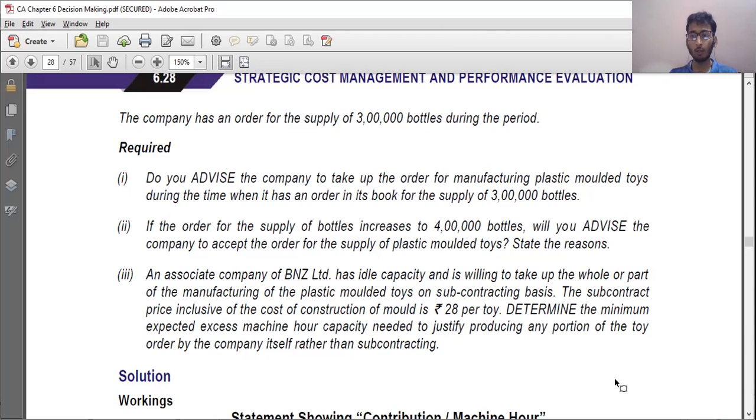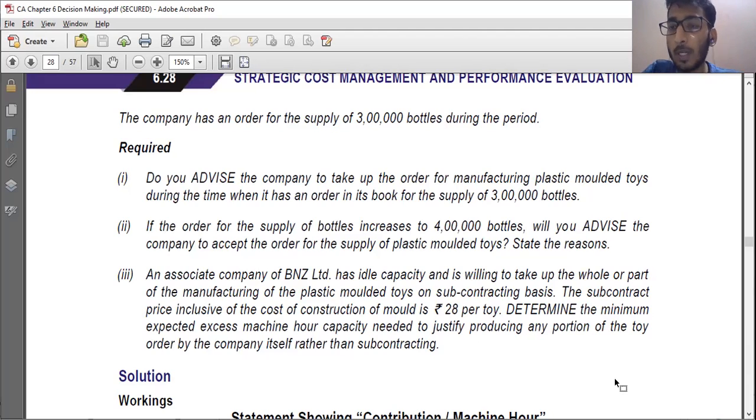I'm getting 30 rupees from the person, because 30 rupees is the selling price, and I need to pay 28 rupees to the subcontractor. So it's not asking whether we should accept it or not. It is saying determine the minimum expected excess machine hour capacity needed to justify producing any portion of the toy. So how much excess hour capacity do we require so that we can justify making toys?